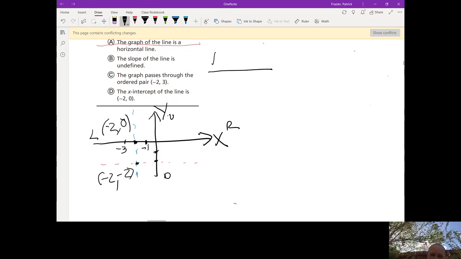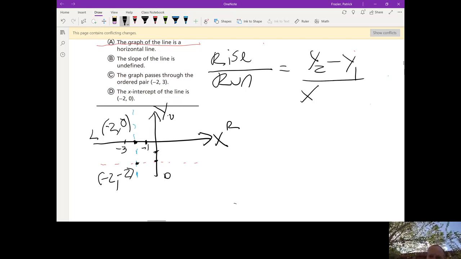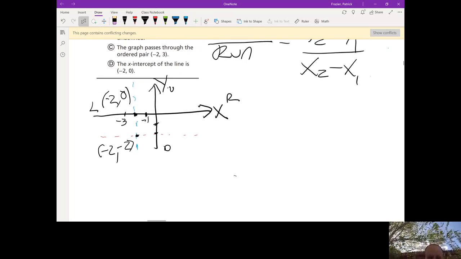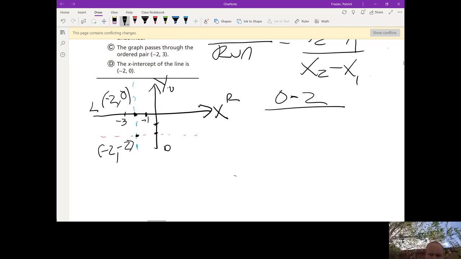So then, slope is rise over run, which is y2 minus y1 divided by x2 minus x1. If I take this as my y2 and x2, I'm going to take the y values: 0 minus -2.